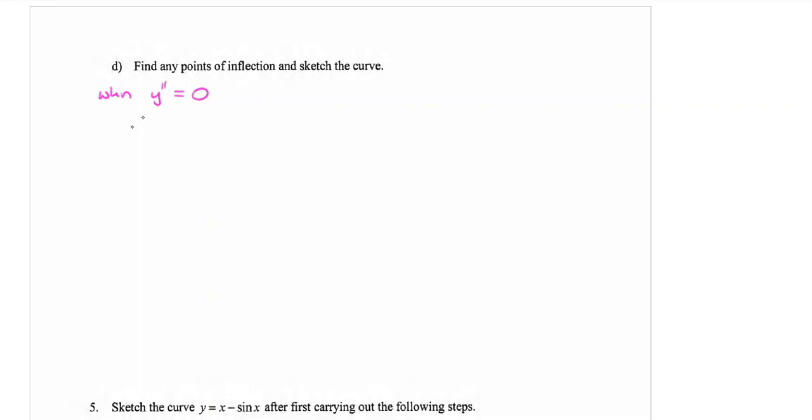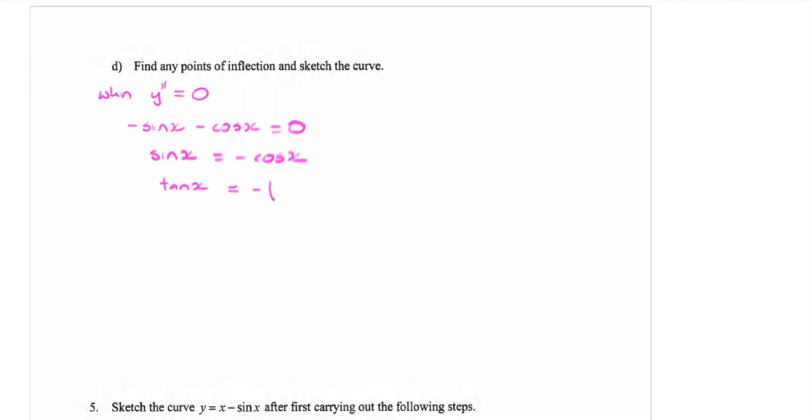So my second derivative was minus sine x minus cos x equals 0. Again, I don't like having sine and cos in there, so I'm going to have to turn it into tan yet again. So sine x, move it across, make it positive, equals negative cos x. Then I divide both sides by cos. Sine divided by cos is tan, and minus cos divided by cos is negative 1.